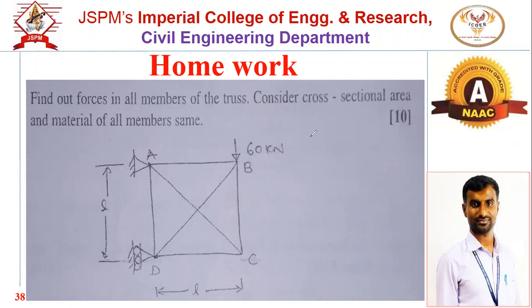BD. Yes, very good. So we have to select the diagonal member. BD is the diagonal member. You can select BD or you can select AC, either one. Okay, and perform the same analysis.